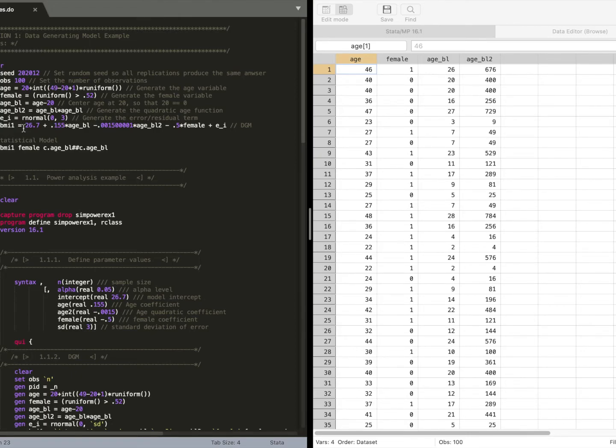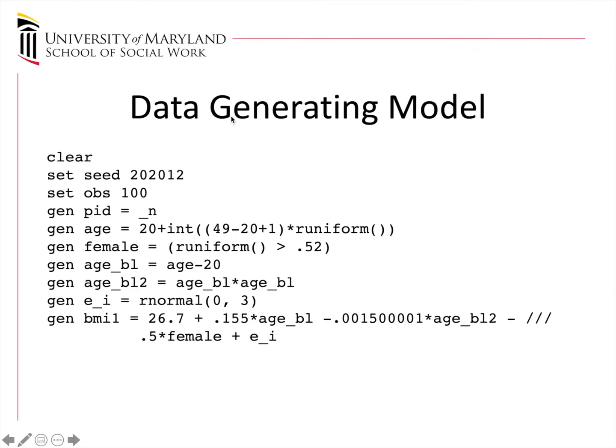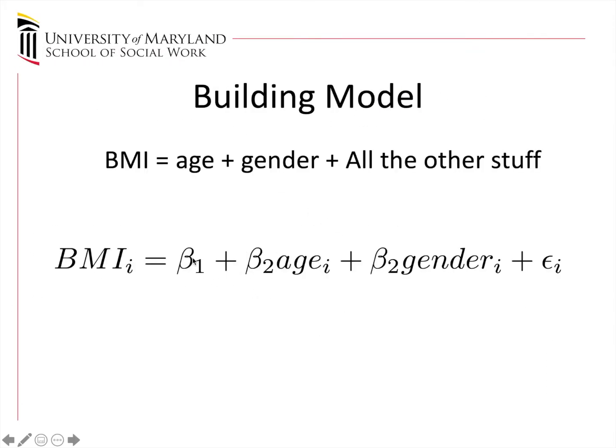So now we have that, and then the age squared is because we're going to model that. Now, if you remember from this slide, we've got age, we've got gender. We're going to do some weird things with age here, but here we have a stochastic process, and by stochastic process I mean a random process. This is a random variable. We'll talk about that a lot more in the next lecture, but suffice it to say, we have a variable here that is the residual term that you have classically used.